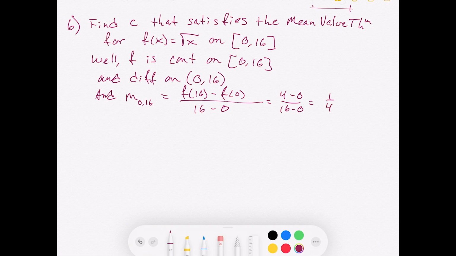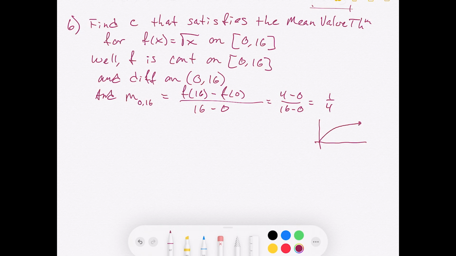So somewhere on the square root graph, on that curve, between x values of 0 and 16, there's a point such that the tangent line will have a slope of 1/4, which is a pretty low slope. Like it's relatively flat. I might even draw a little sketch. I don't know that you want to put this into your notes just yet, but it'll be on the screen for you to reference.